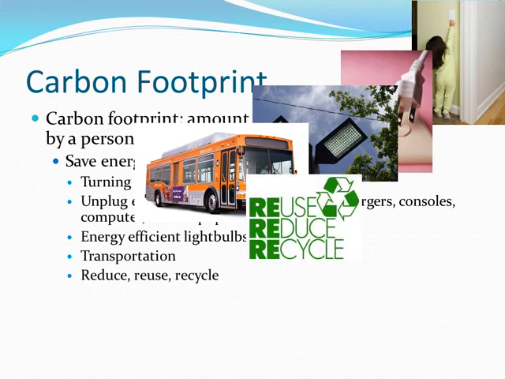Of course, reducing, reusing, and recycling. The best way to help lessen the amount of carbon footprint that we have is reducing the amount of things that we use, right? That way we don't have to have things to be produced for us to use them. Of course, reusing things will help, not even more so, but less so. If you reduce the amount, then they don't even have to produce that product.